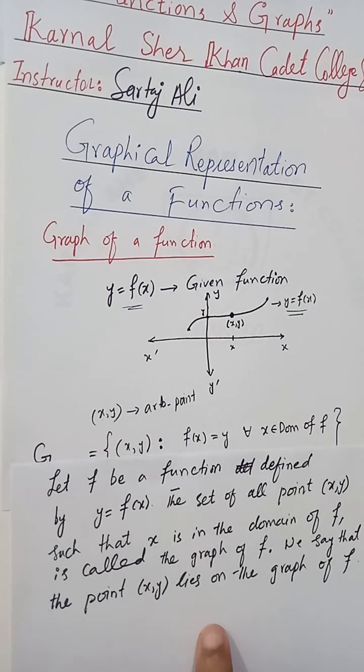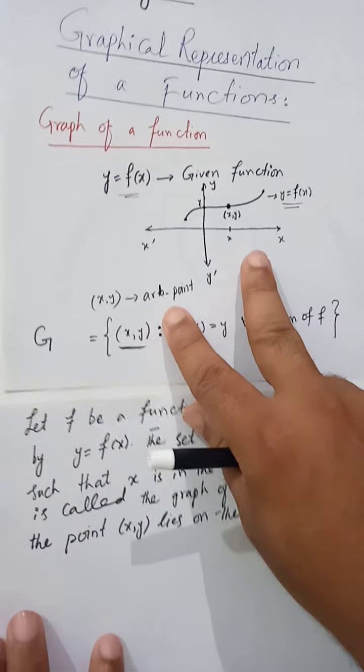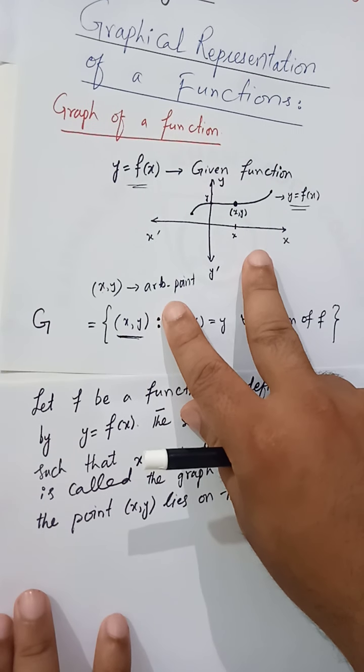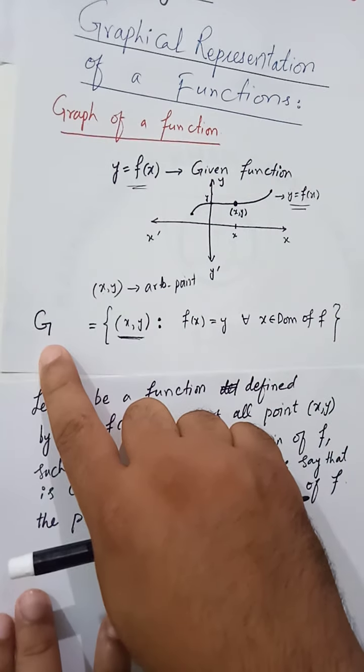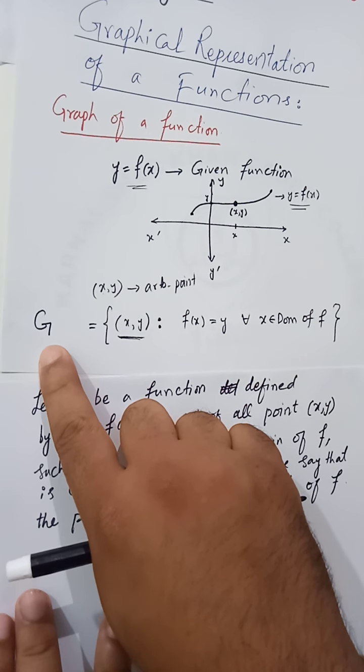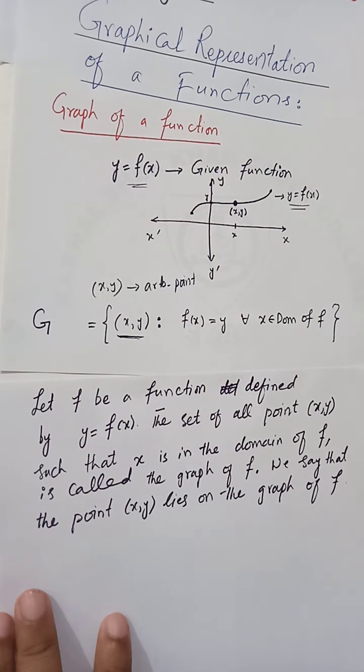Okay, remember that in set-builder notation we denote the graph by capital G. So this G denotes the graph of f.